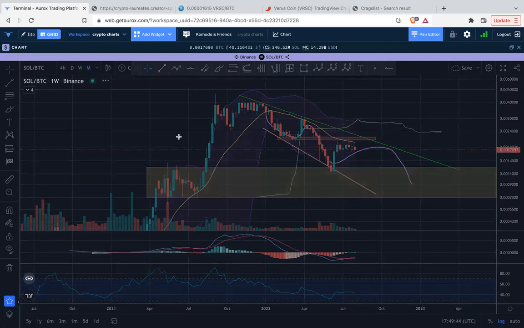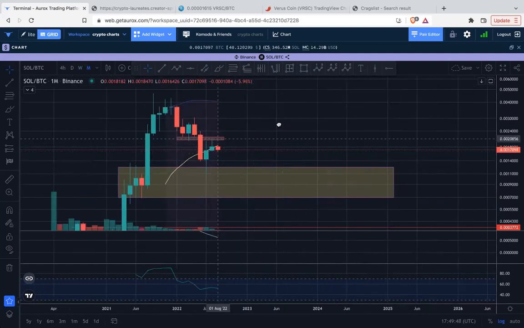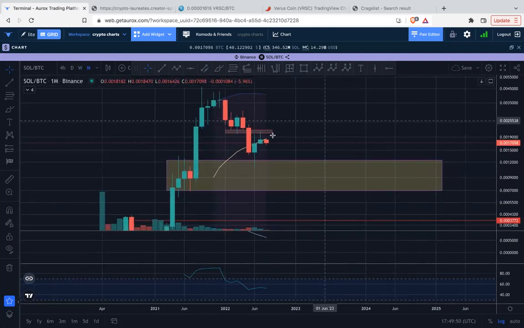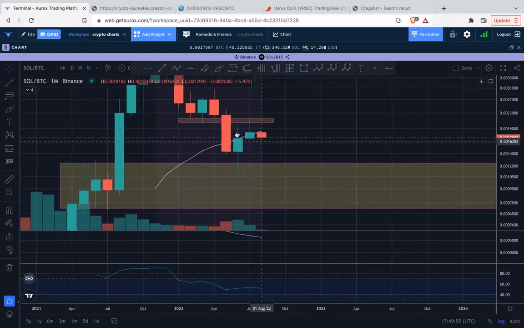And if we look at the monthly, same idea. It's quite clear on the monthly here, it looks like, at least, getting rejected at these horizontal levels. You see the 20-month moving average is chopping the candles, so you only have wicks up above it because there's selling pressure above the 20-month moving average.